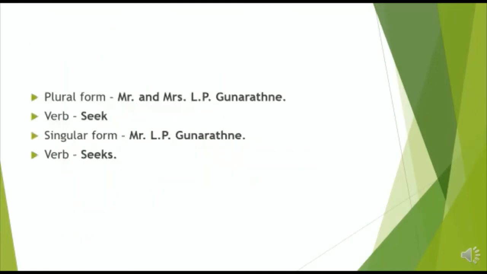You have to pay attention to the first sentence. When we say Mr. and Mrs. L.P. Gunaratna, it is plural. The host is plural, so we use the verb seek. In the first sentence, seek the pleasure of company, the verb seek is in the simple present because the host is in plural form.